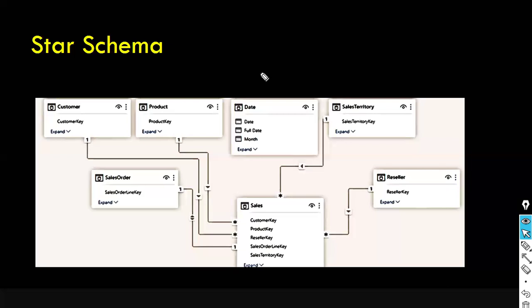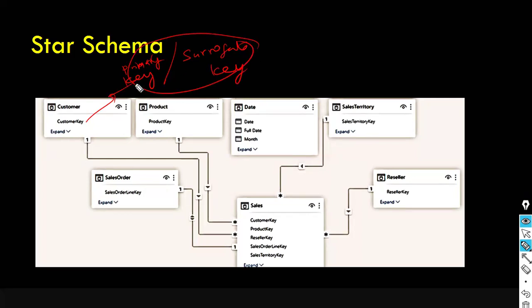The dimension table will have the descriptive information and the key column, the primary key. It is also called a surrogate key. Along with the surrogate key, you will have the descriptive information. So surrogate key plus descriptive information is nothing but your dimension table.